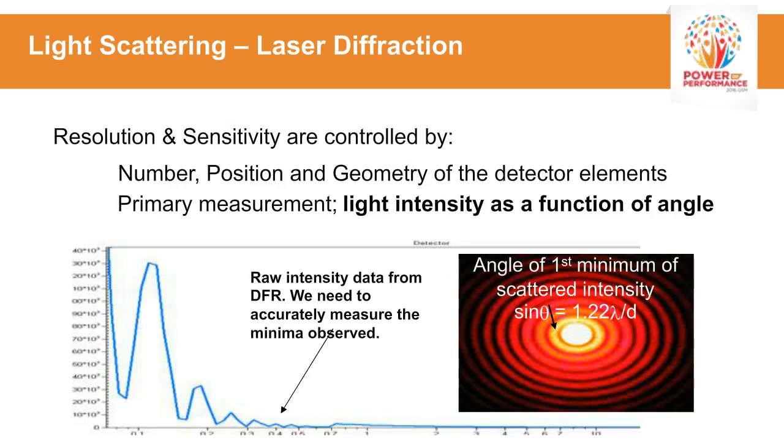We have a 126 detector diode array, and what you need to really define is this raw intensity data as pictured in the graph. What you get, pictured on the right, is some pattern depending on the distribution of your particles. This pattern can vary, and the intensity of these rings and dark spots can vary.